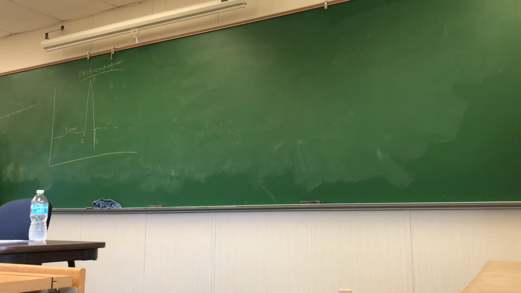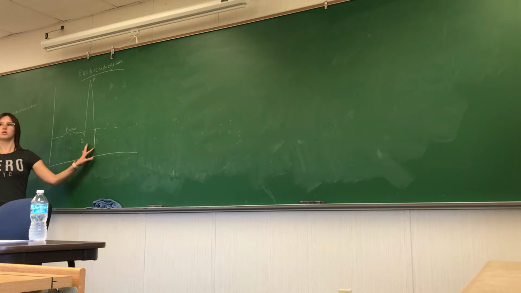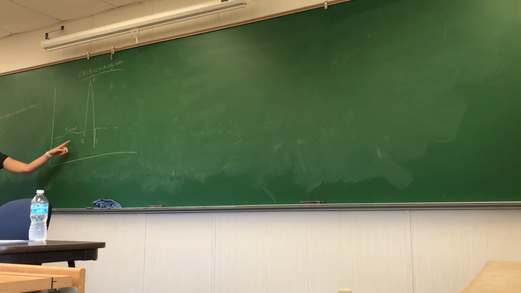The heart just completed a beat. Not completed a beat. It's about halfway through. So just the QRS complex, what part of the heart was working? So the atrium's contracted, right? What's the next thing to contract? Ventricles. So the QRS complex is ventricular depolarization.